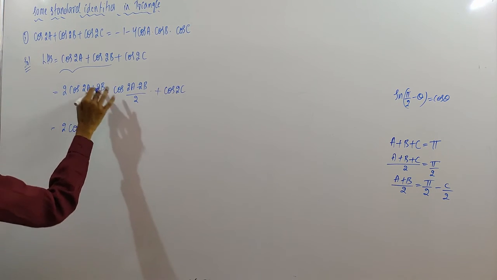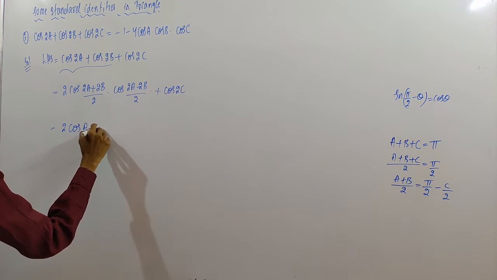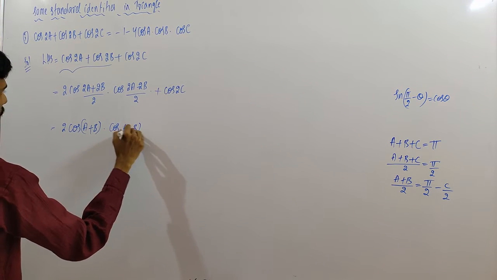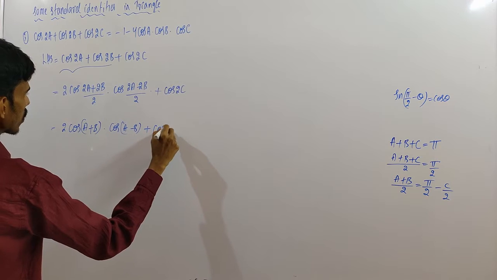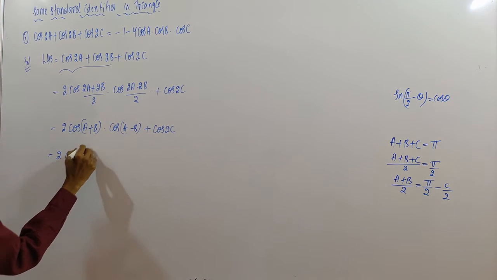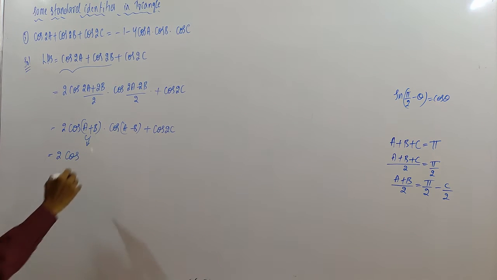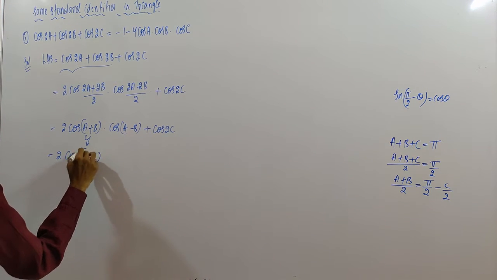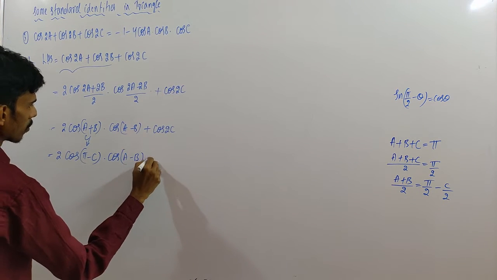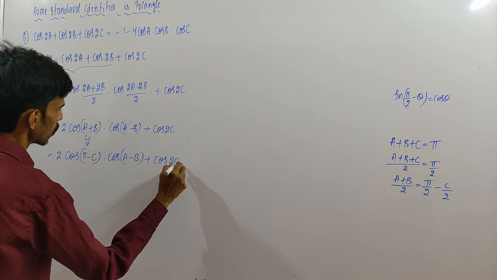The 2s cancel, so we have 2 cos(A+B) cos(A-B) + cos 2C. Here A+B is pi minus C, so 2 cos(pi - C) cos(A-B) + cos 2C.